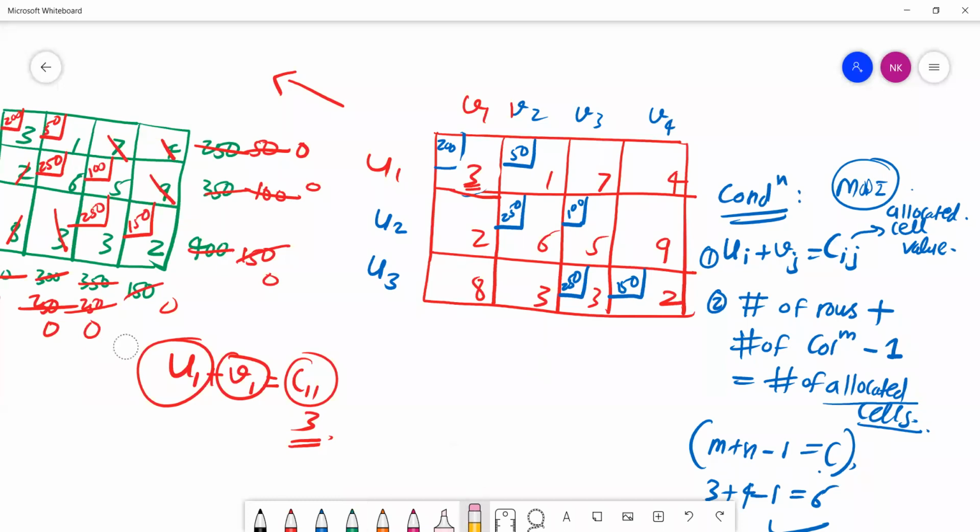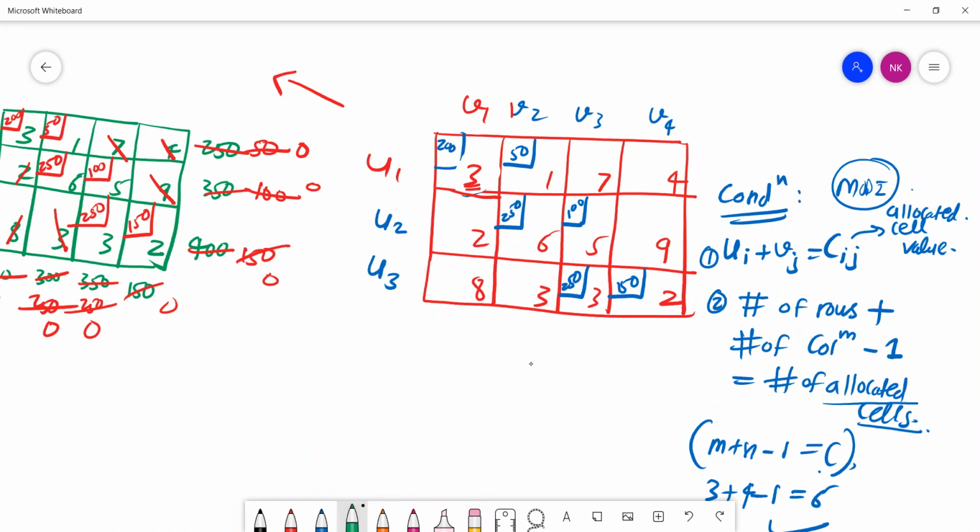So let's start with something. Initially always assume that U1 is equal to 0.